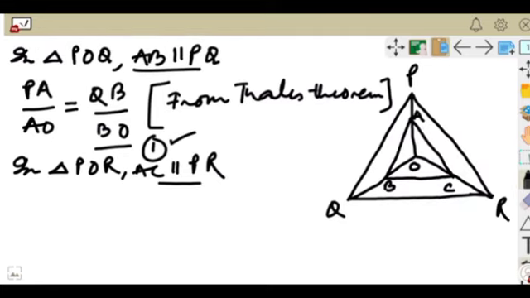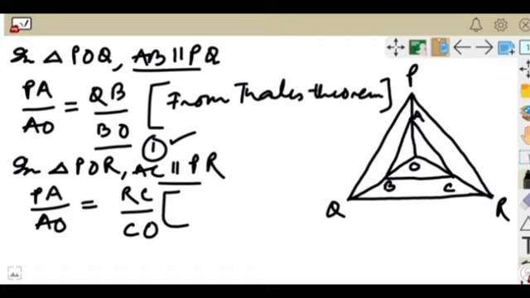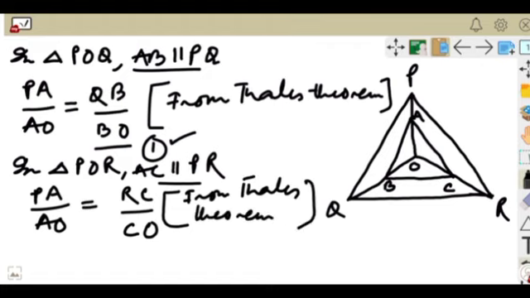So I can write here PA by AO equal to, see properly here, PA by AO, then you can write RC or CR, RC by CO. This is what you can write. So this is all because of the Thales theorem. So I'll write here from Thales theorem. Okay, and here I'll give equation 2.